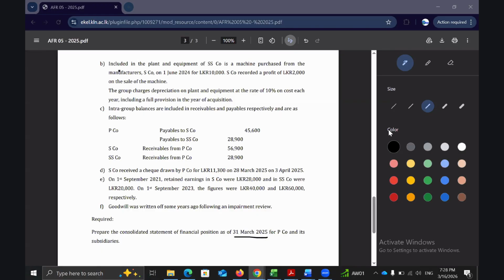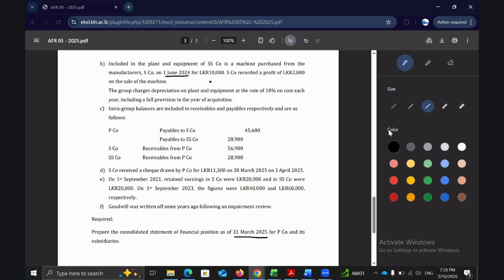Okay, if I read this again, included in the plant and equipment of SS company is a machine purchased from manufacturer's S company on 1st June 2024 for rupees 10,000. S has recorded a profit of rupees 2,000 on the sale of machine.